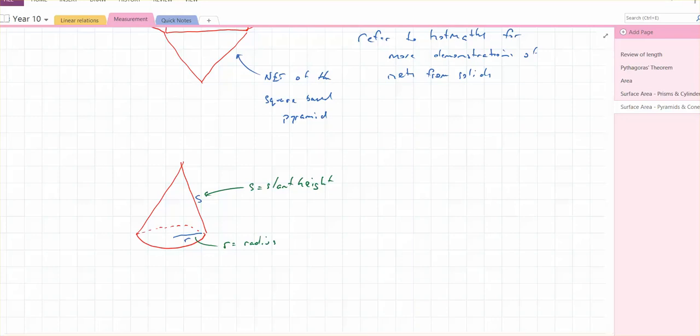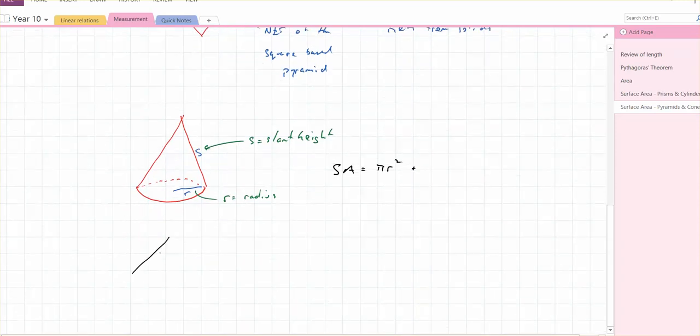Now the surface area of our cone is equal to, well, the base of the cone is pi r squared. It's a circle. And now this curved surface here around the cone, around the party hat, if you sliced it, and this is where there's a great demonstration of this on Hot Maths, so please go and look at it, where this is sliced up and laid flat, and what you see is a sector of a circle.